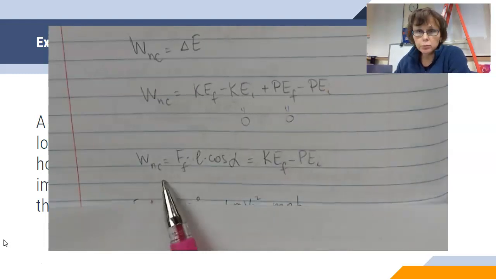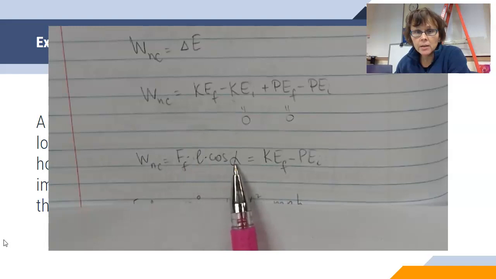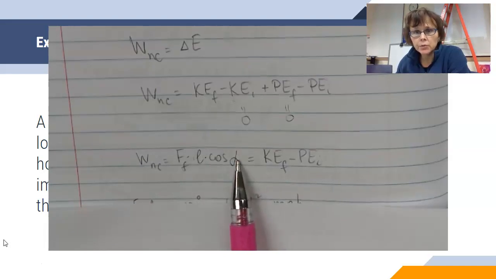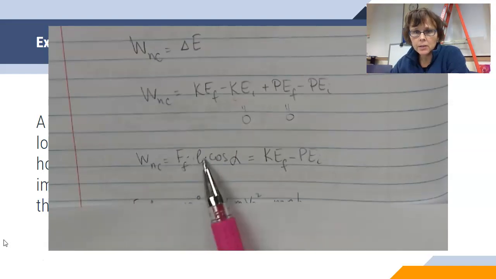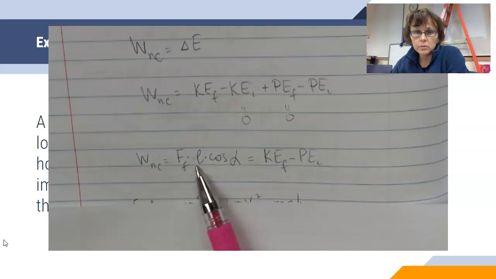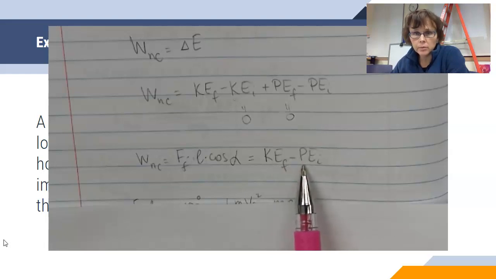We can rewrite the work of friction as the force of friction multiplied by the displacement and by the cosine of the angle between those two. I wrote alpha, not theta, so you do not confuse it with the inclined plane angle, and alpha is 180 degrees. It equals the final kinetic energy minus the initial gravitational potential energy.